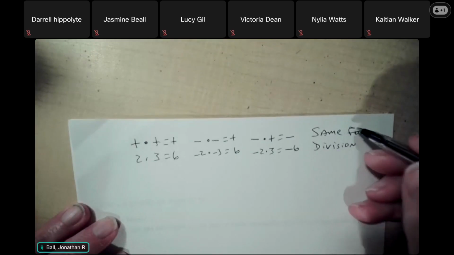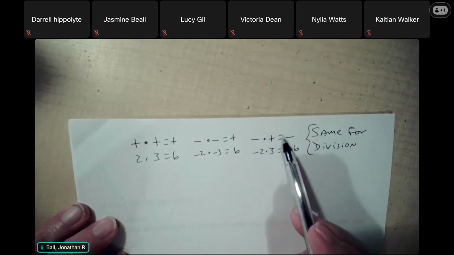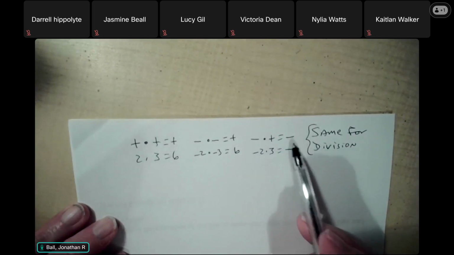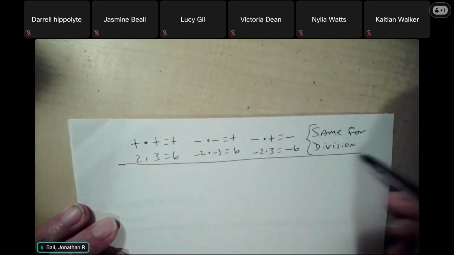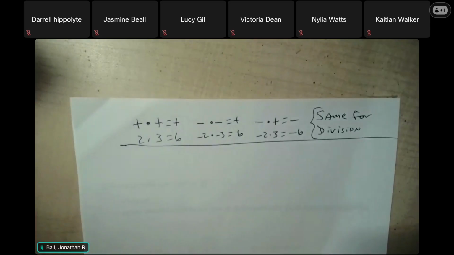So a negative divided by a negative is also a positive. And if you forget, your brain goes numb, whatever, put it in your calculator.